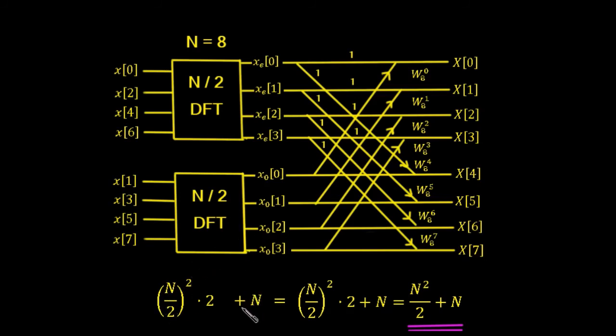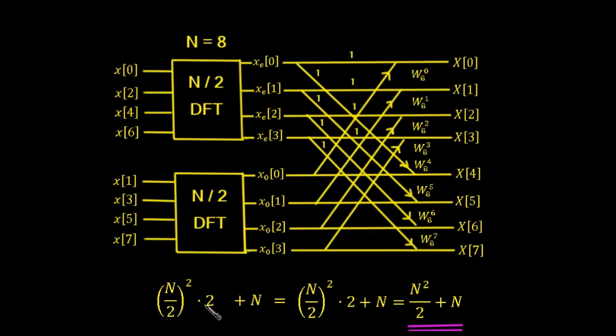Now we're also going to have to add up the N multiplications here for each of these. So each of these values, x of 0, say for example, gets multiplied by this twiddle factor here, and this one gets multiplied by this twiddle factor. So we're going to have those 8 multiplications there as well.